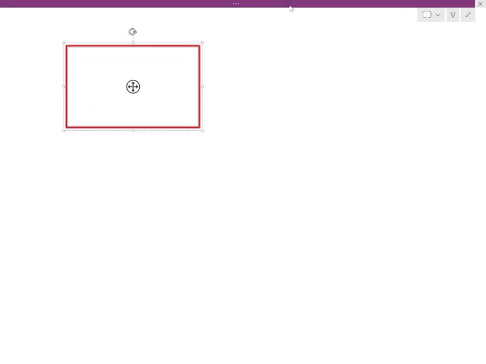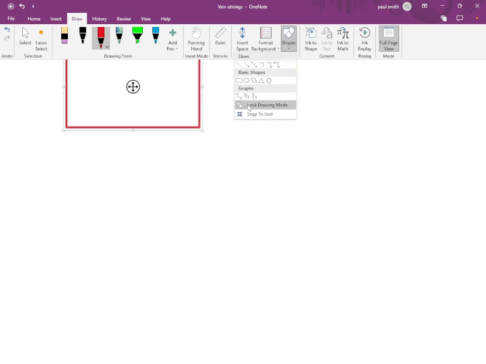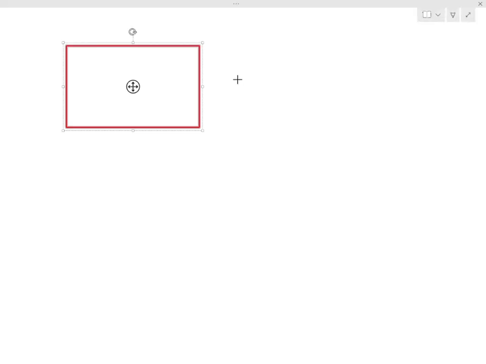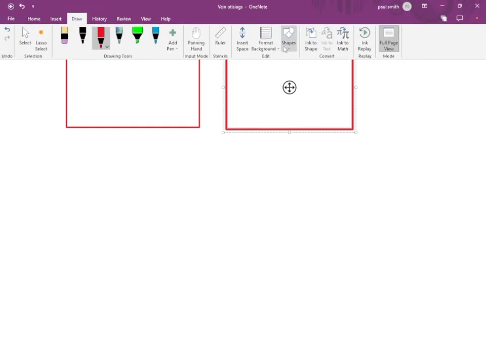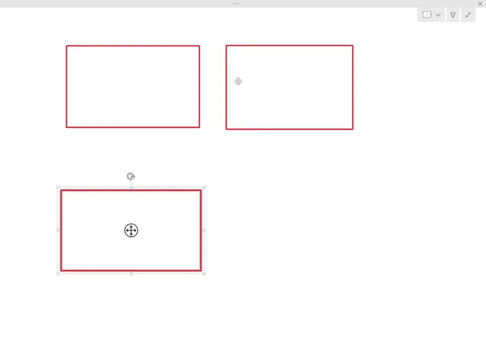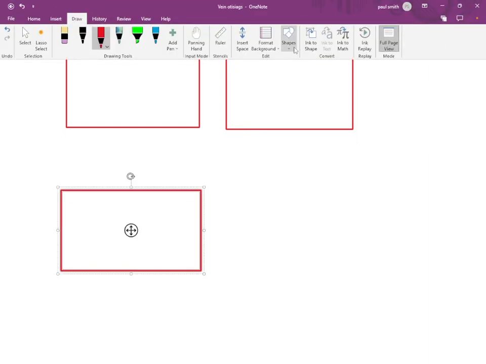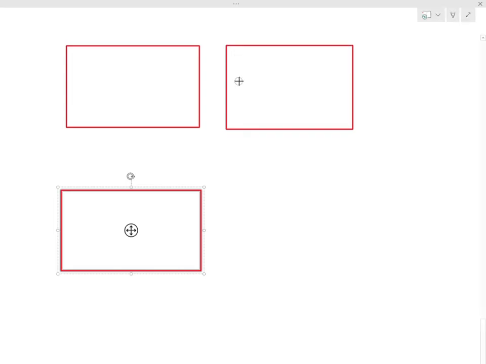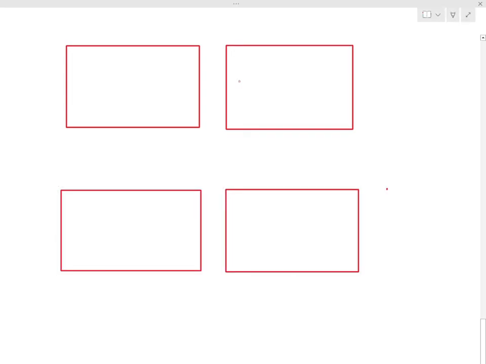It's identifying regions. I've got to do smaller ones so that we can get them on the same page. See how many I can get on the same bit. Okay, so there's 4 of them.